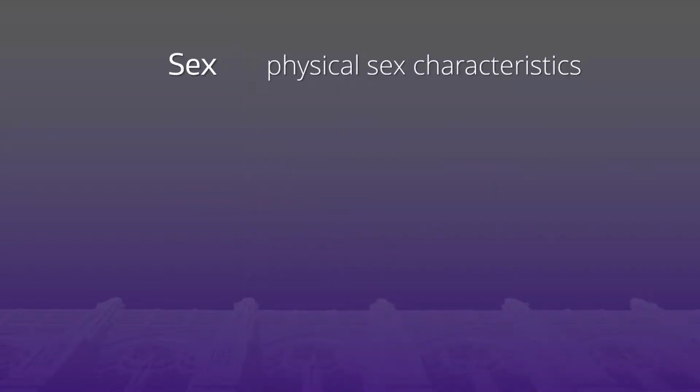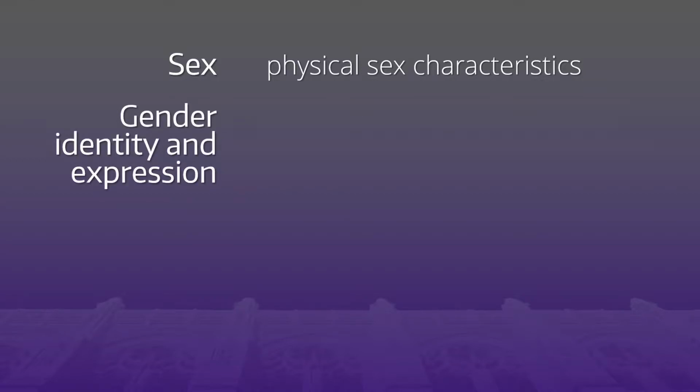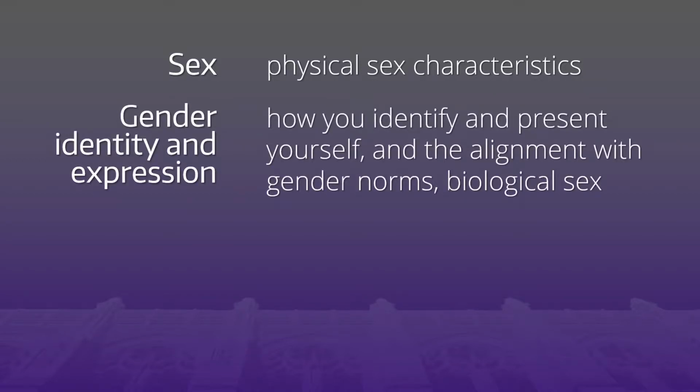It can occur between two or more people with the same or different characteristics. It's important to note that sex discrimination can be based on a number of factors. These include sex, that is the physical sex characteristics you're born with and develop; gender identity and expression, that is how you identify and present yourself through actions, dress, and demeanor, and how these do or don't align with gender norms or with your biological sex.